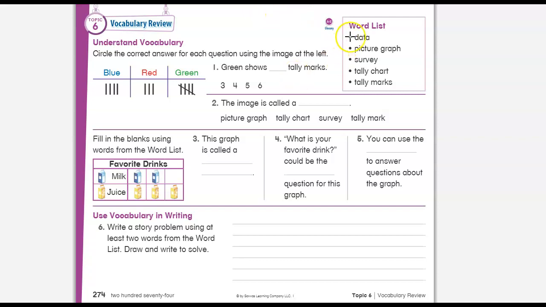Our word list contains the words data, picture graph, survey, tally chart, and tally marks. As we are working through these problems, you will see all of these words on our page. Pay attention to how our vocabulary is used in its sentence.